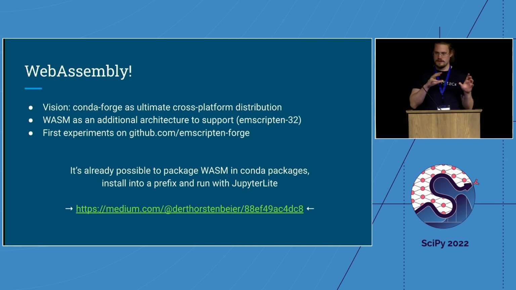And then you can use these environments and package them up. Ultimately the goal is to put the WebAssembly support into Conda-forge and build some of the low-level sciencey tools, including Python and stuff like that, inside Conda-forge, using the same CI tooling, but for the emscripten-32 target.